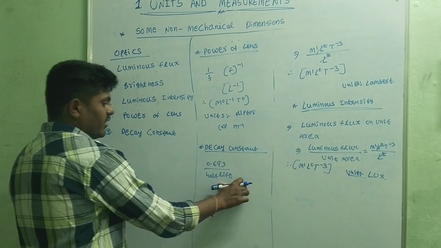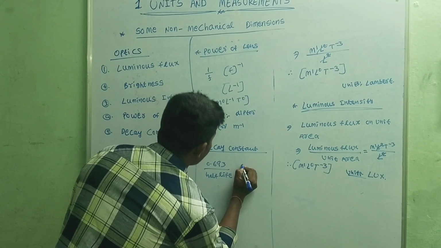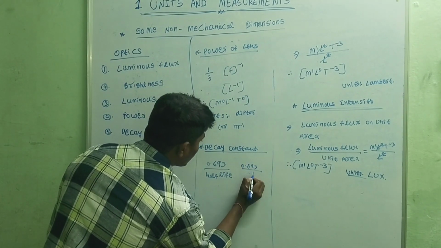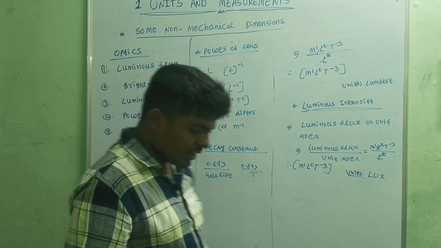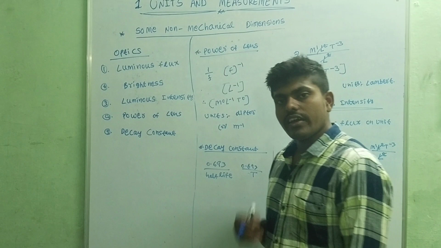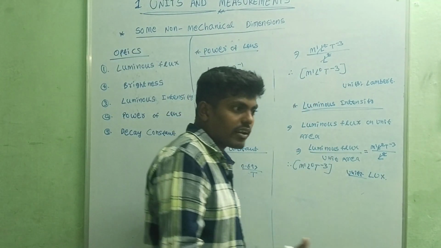Here half-life indicates time, so that means 0.693 by T. We also know our rules of dimensions: we can neglect numerical values and trigonometrical values.